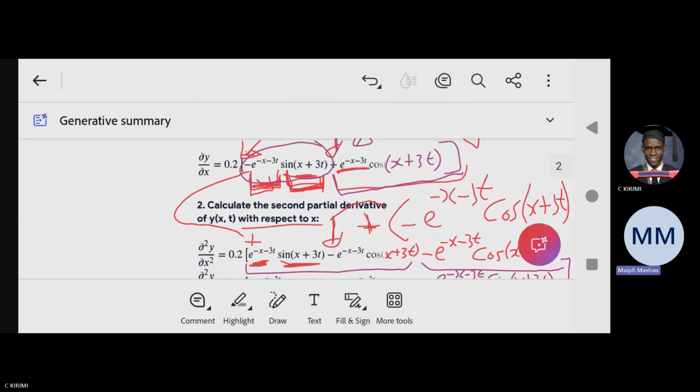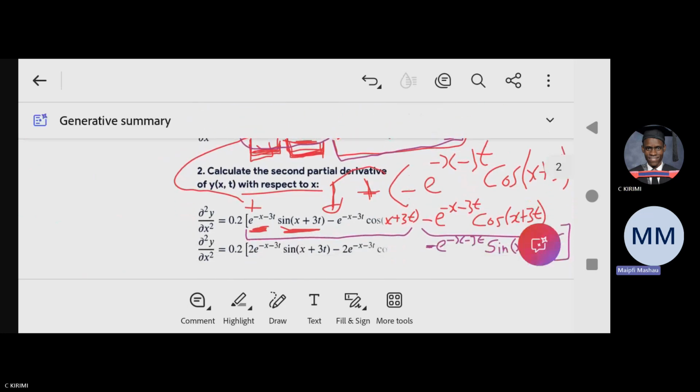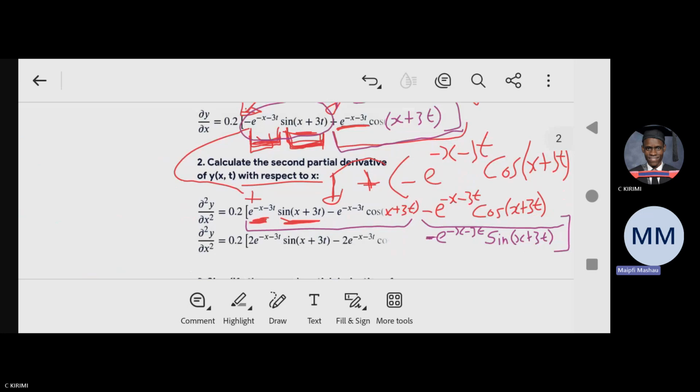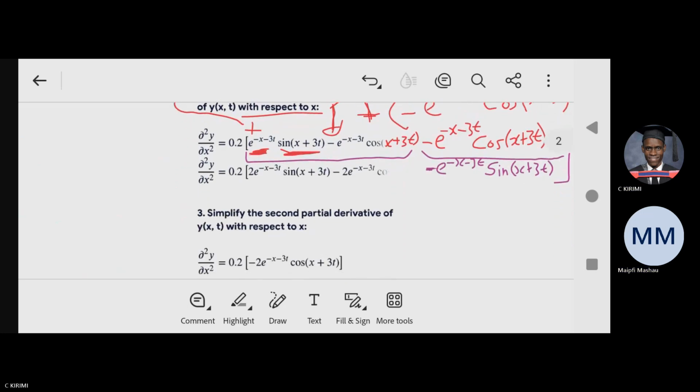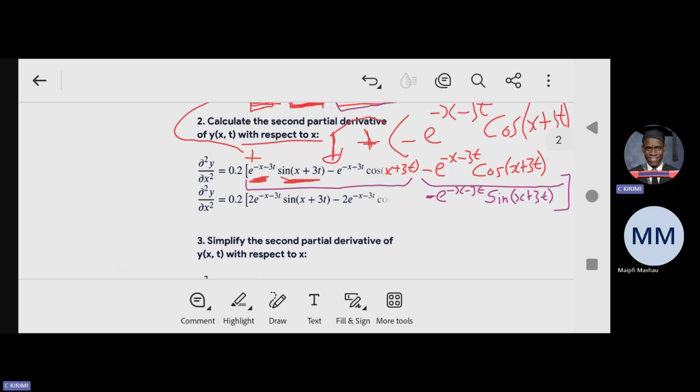We were supposed to have negative 2e to the power negative x negative y cos x plus 3t. Not the first one. The sign is not supposed to be there. So you are correct.